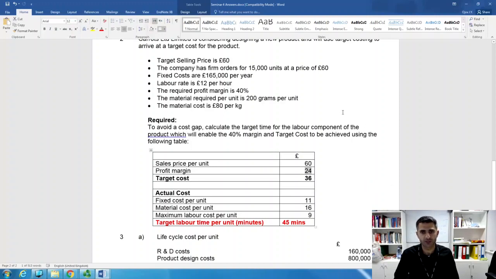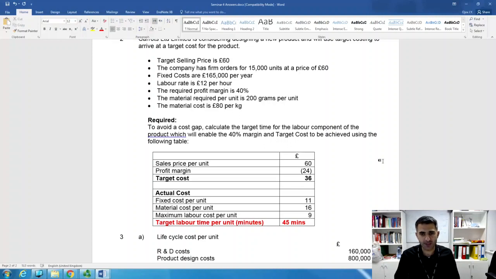Very simple, because the question tells you the required return is 40%. So the margin is 40%. This is from the selling price. So if you multiply 40% times 60, this is £24. Yeah, that's great. So 60 minus 24 equals £36. This is the target cost.